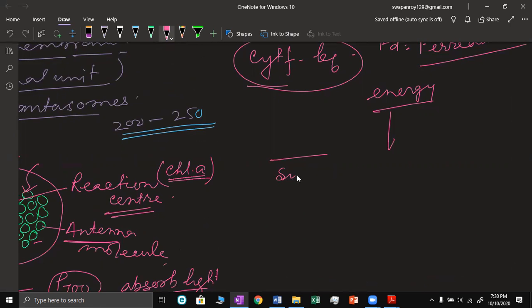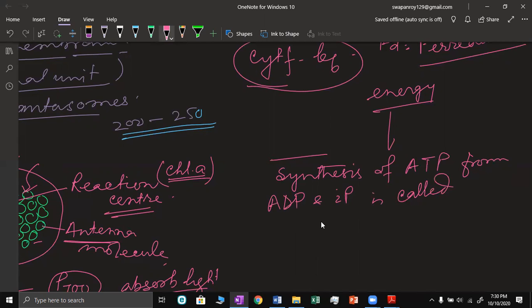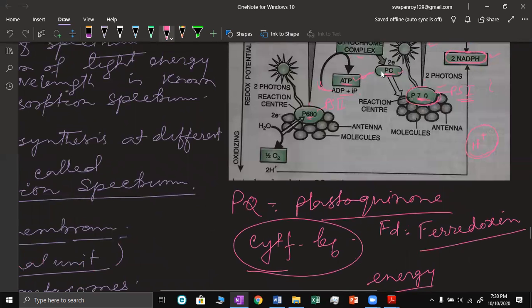This synthesis of ATP from ADP and inorganic phosphate is called phosphorylation. Okay, this process is called phosphorylation, and here the ATP has been synthesized, so this is a phosphorylation process.